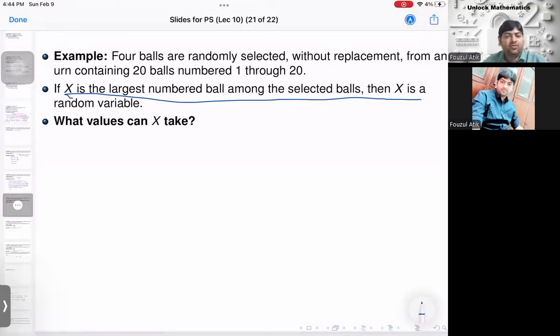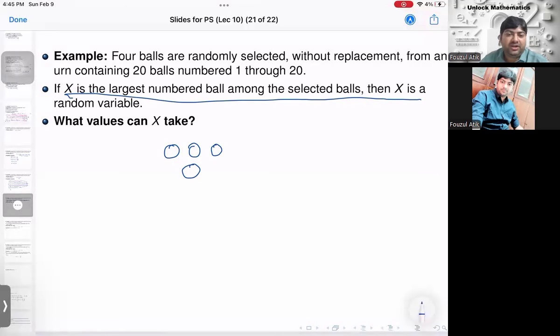Can you think what values X can take? You have 20 balls in the urn, you have selected 4 balls among them, and among these selected balls, the largest number is X. So what values can X take?